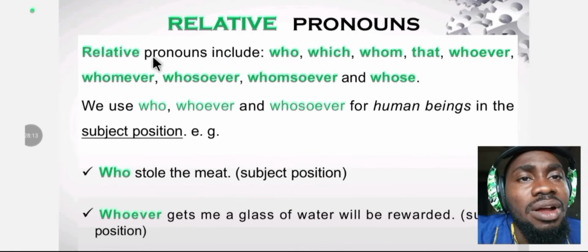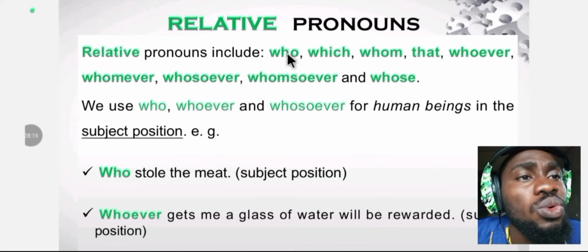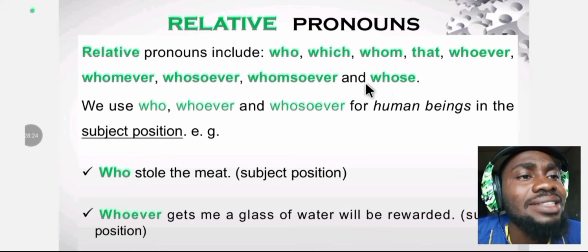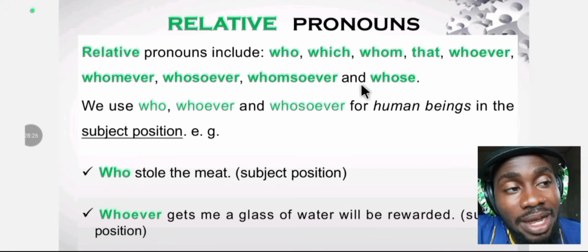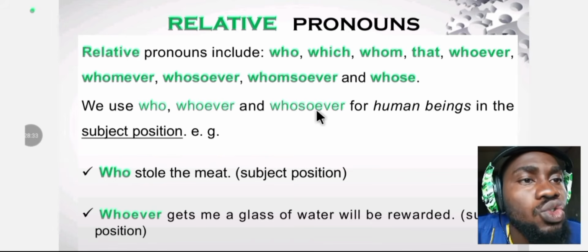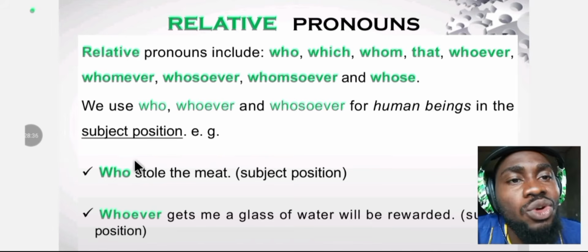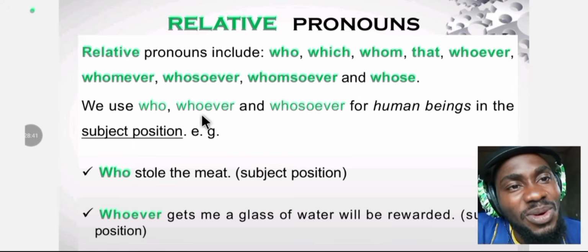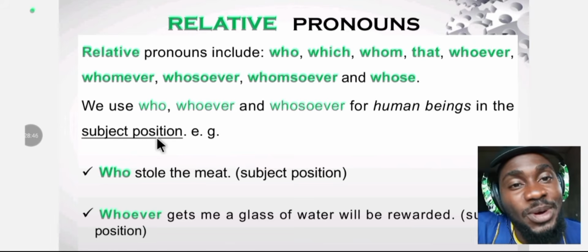Relative pronouns include who, which, whom, that, whoever, whomever, whosoever, whomsoever, and whose, and so on and so forth. We use who, whoever, and whosoever for human beings in the subject position. We use who, whoever, and whosoever for human beings in the what? The subject position.